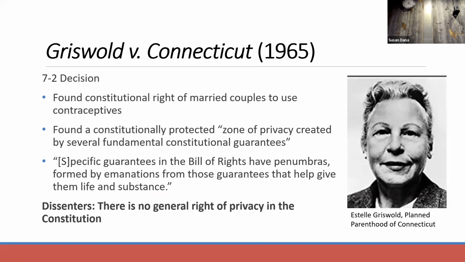So in that case, the majority found by a 7-2 decision that there is a constitutional right for married couples to use contraceptives. And they found that by saying, well, okay, so the Constitution doesn't actually say privacy. But the concept of privacy is embedded in the Bill of Rights.